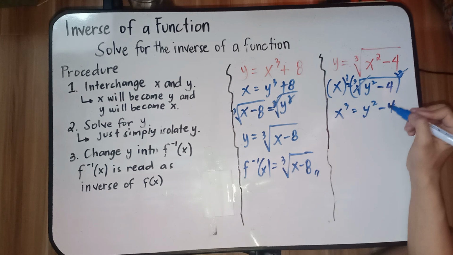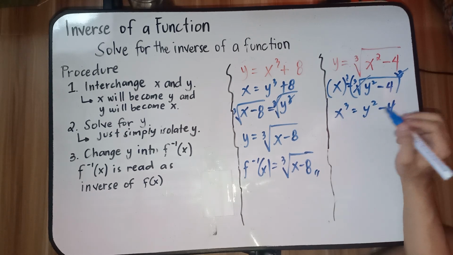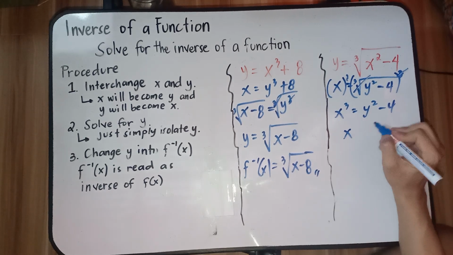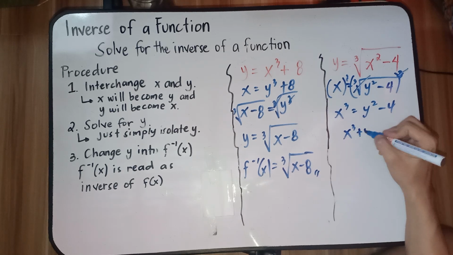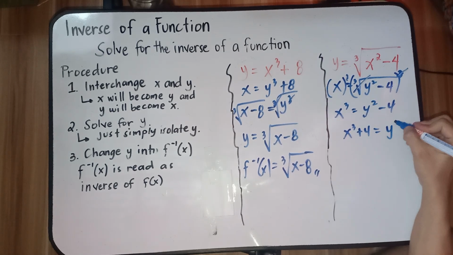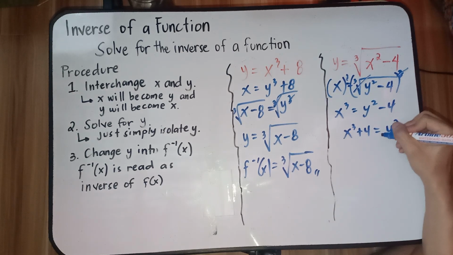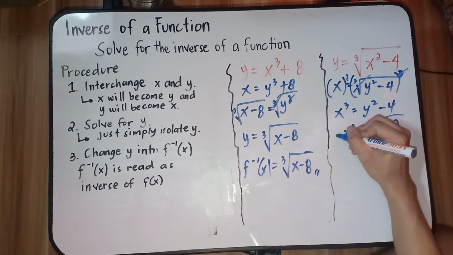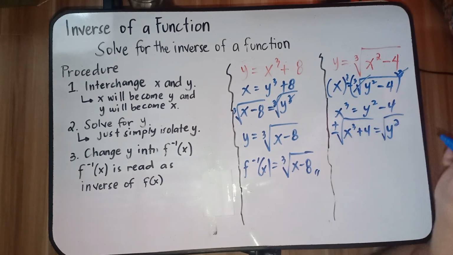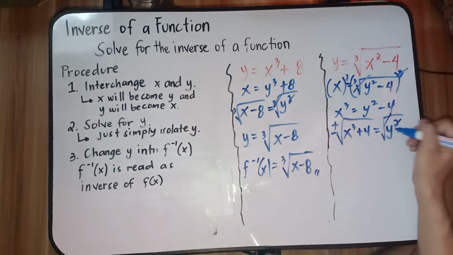On the second step, we need to isolate y. So therefore, we can transpose negative 4. So we have x raised to 3 plus 4 is equal to y raised to 2. Since y has an exponent of 2, we can extract square root. Since we extracted square root, we need to put positive and negative. So cancel square root squared.